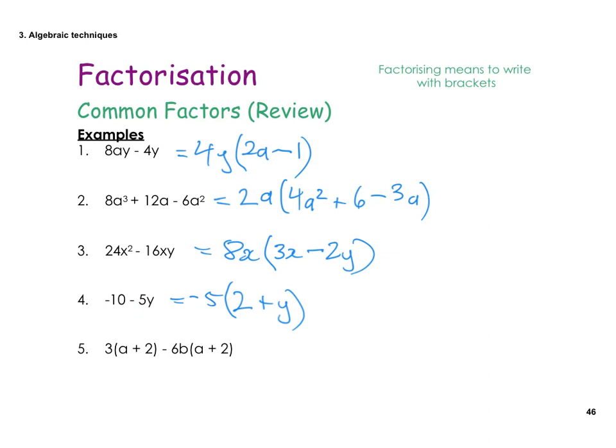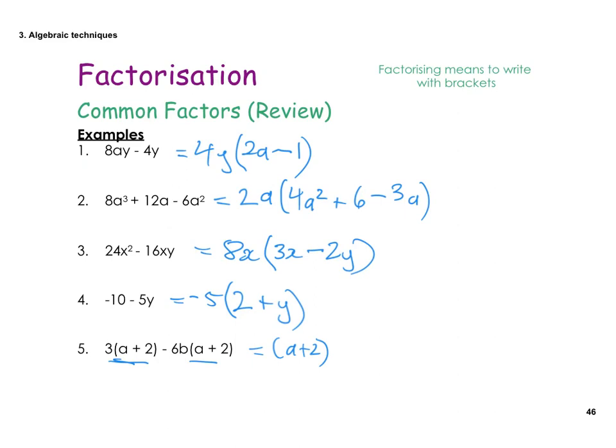Okay, question 5. Now this one looks weird because you already have brackets, but if you look carefully, you can actually see it's the same bracket twice. So straight away, that's a common factor. Just like in the previous one, how minus 5 is a common factor, we now have an entire bracket being a common factor, which is a plus 2. Once we write down our first thing, now we open up a bracket.